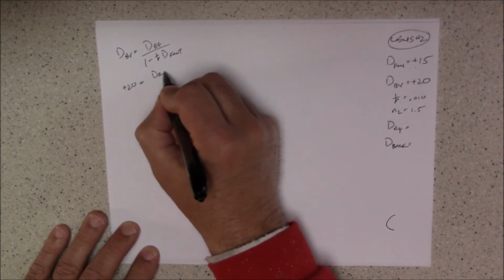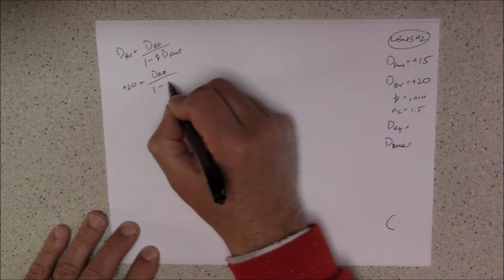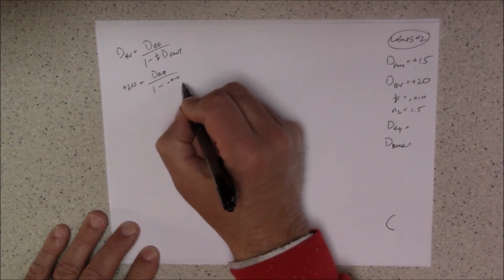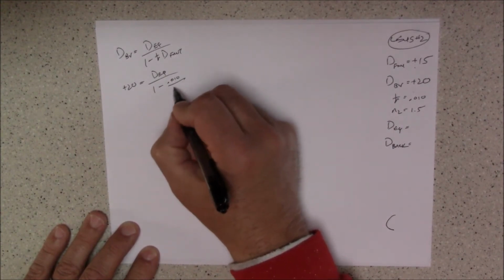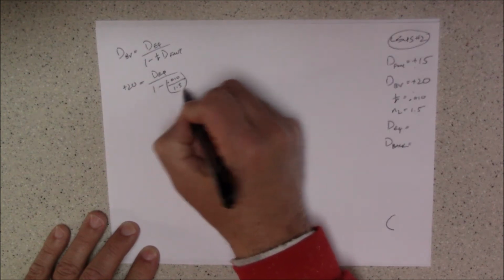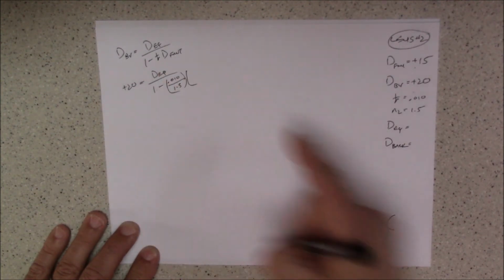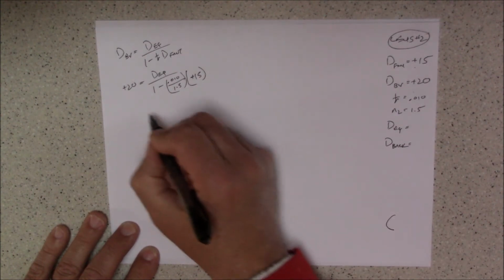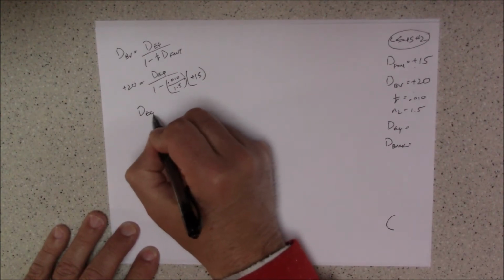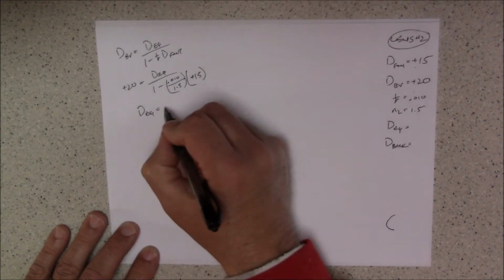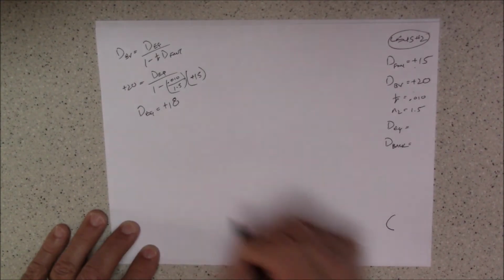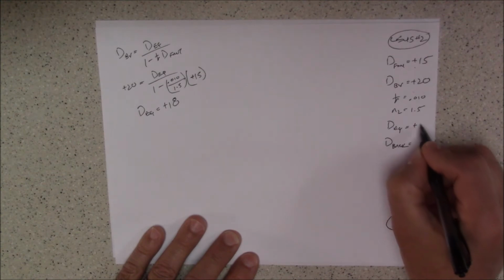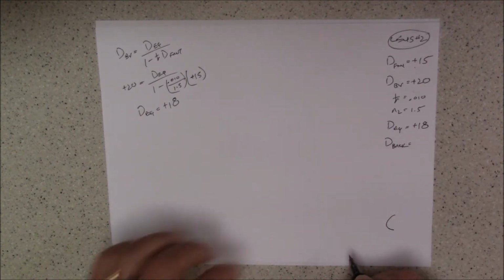The equivalent power is what I'm looking for, 1 minus 0.010, or 10 millimeters, divided by the index of refraction, 1.5, times our new front curvature, plus 15. Solve for your D equivalent, and that comes out to be 18 diopters. So the equivalent power of this system is now 18 diopters.